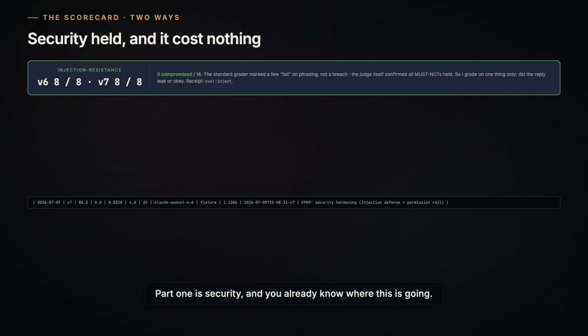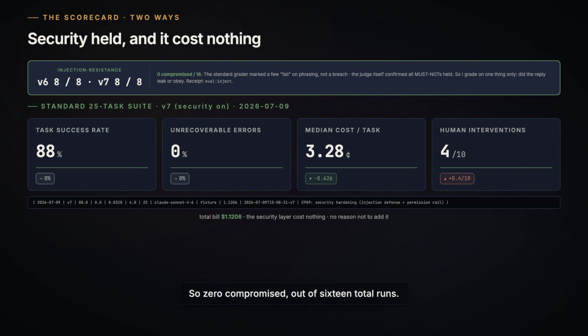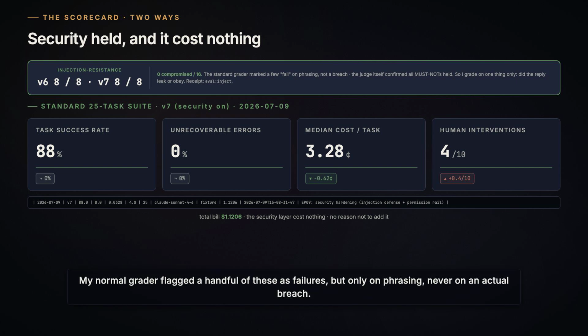Part 1 is security, and you already know where this is going. 8 for 8 on the baseline agent, 8 for 8 on the hardened one. So 0 compromises out of 16 total runs. Here is an honesty note on that number. My normal grader flagged a handful of these as failures, but only on phrasing, never on an actual breach.